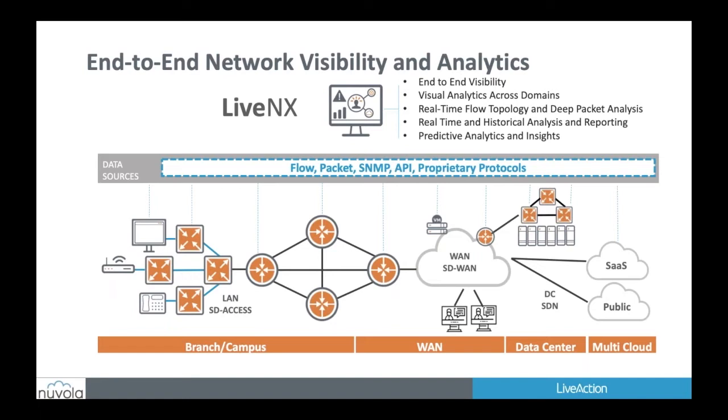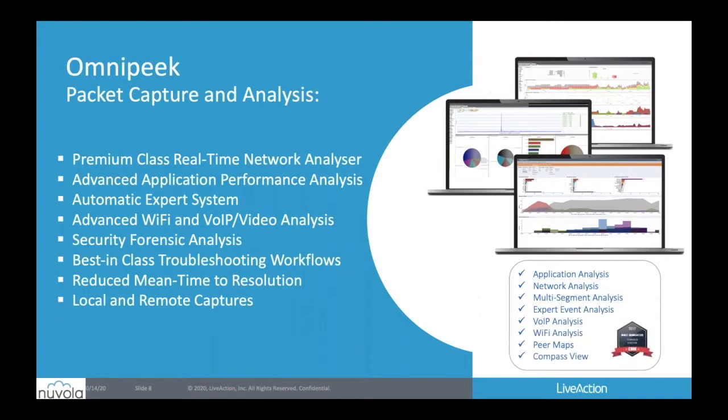But whatever the technology out there, the solution can take that in and read that in and add it to its overall view of the network to give you a good understanding of what's happening out there. And across the network, right from the edge, the branch, all the way into the cloud, through different solutions that we have there. So anyway, let's move on to the Omnipeek.